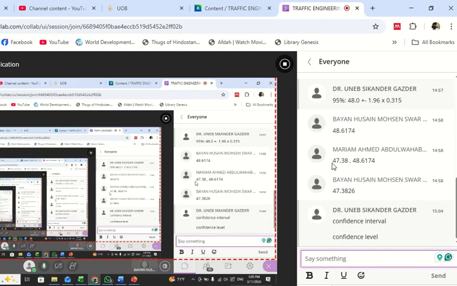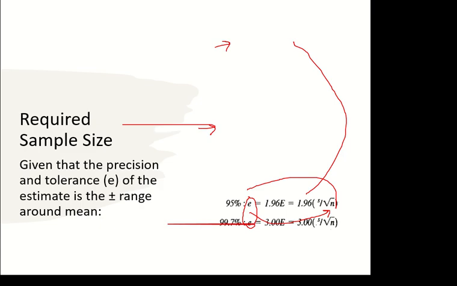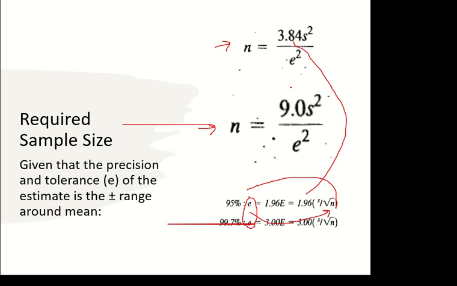So I will say this range has a confidence level of 95%. The range you calculated for our data using 1.96 E is for a confidence level of 95%. The same would be said here for the n values.